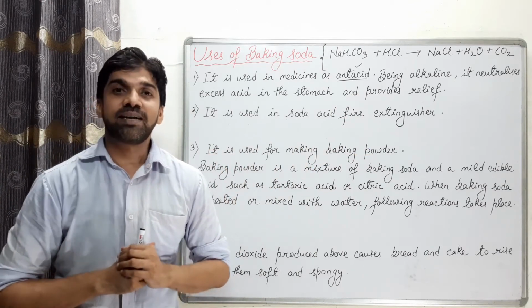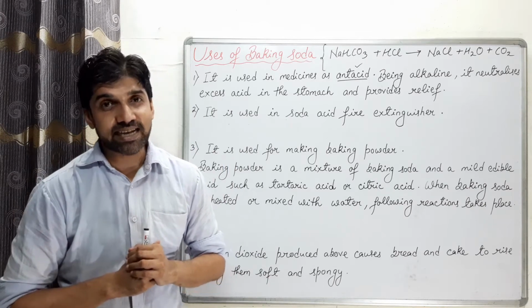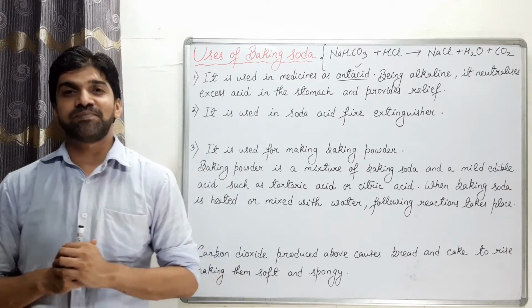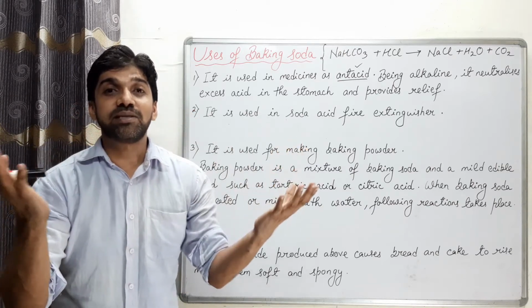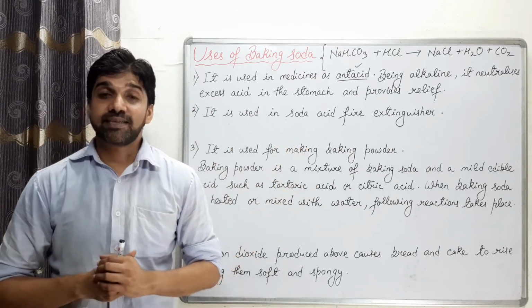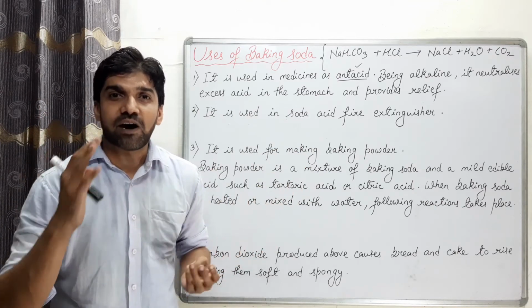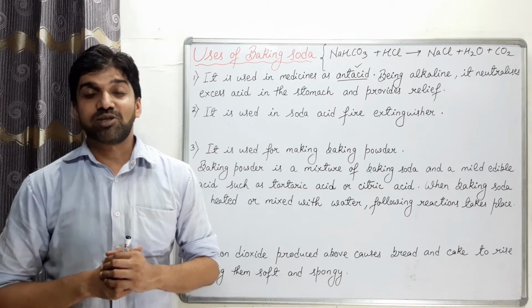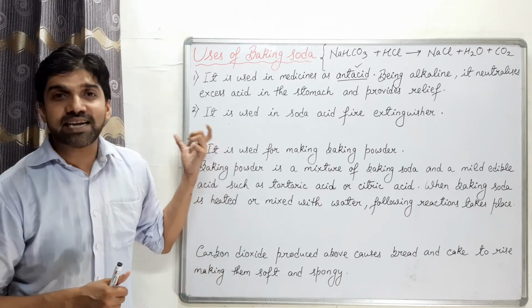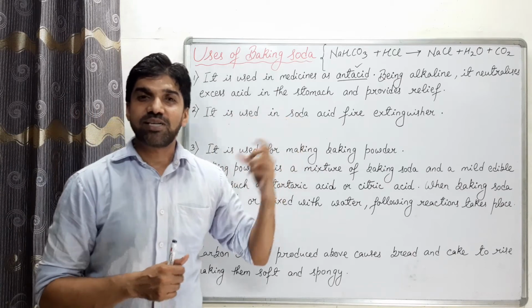And we know that carbon dioxide gas acts as a fire extinguisher. How? It forms a blanket, a layer around the burning substance, and it cuts the supply of oxygen which is required for the burning of the substance. So that's how it will act as a fire extinguisher.